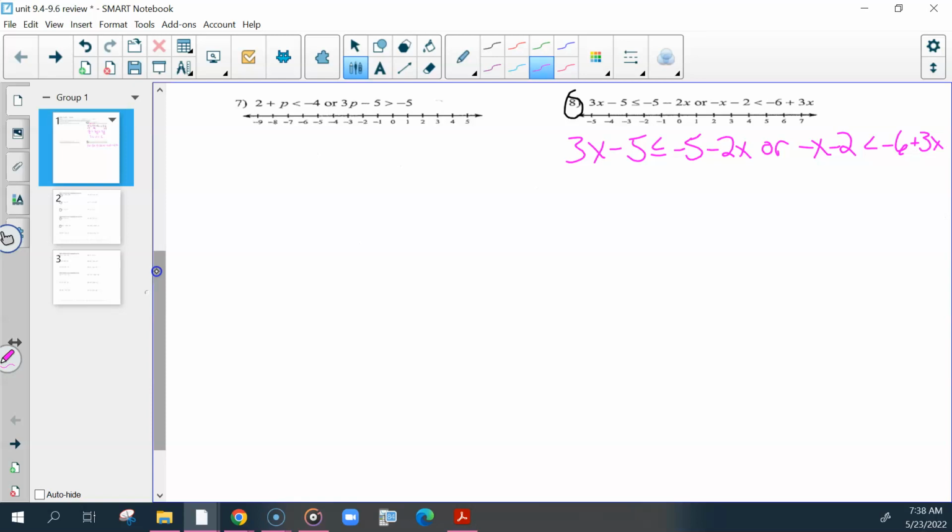Because this is an OR inequality, I'm solving these as 2 separate inequalities. What I do to one, I am not doing to the other. So let's say I'm solving this one first. I can add 2x and add 5 to both sides. So then I have 5x is less than or equal to 0. And then divide both sides by 5.